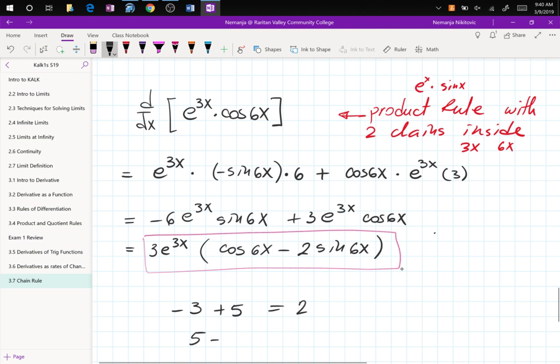If I rearrange them, it's still 2. As long as the negative belongs to 3, I can write it in any order I want. The negative belongs to sine. I can move that term to the front or back. Cool? Good.